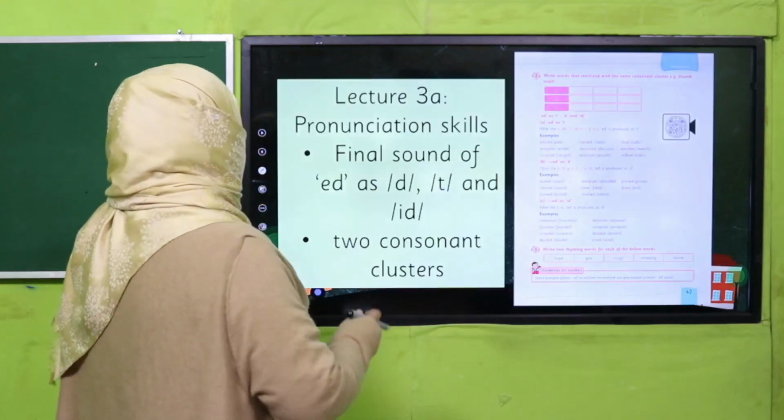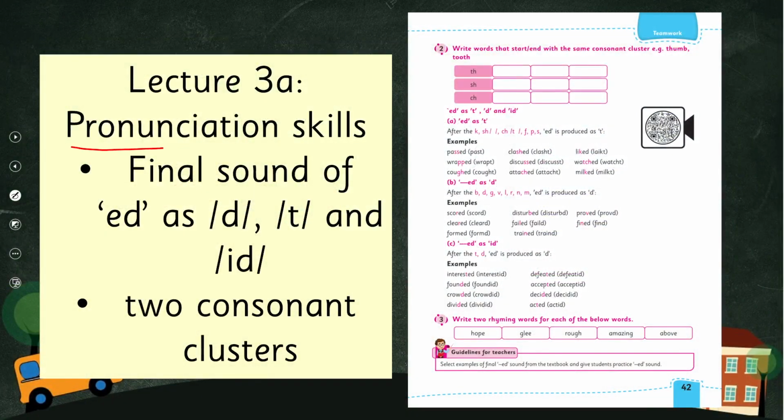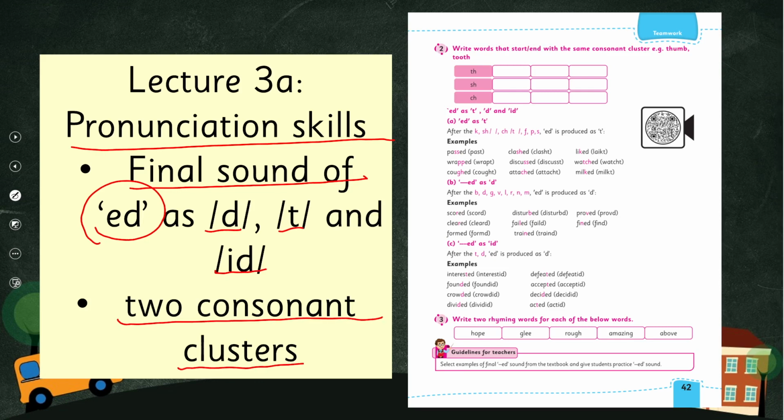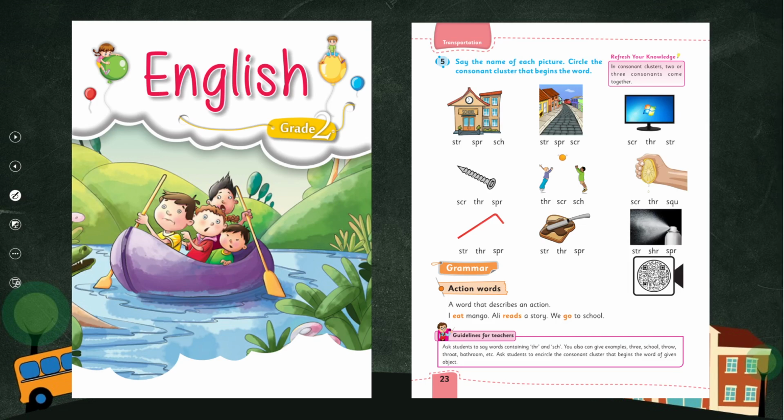Yes, my dear students, today under the title of pronunciation skills, we are going to learn the final sound of ED as D, T, and it, and two consonant clusters. Before this, in English for grade 2, I have taught you about consonant clusters. I hope you remember the concept. If not, you may watch this video lecture again.